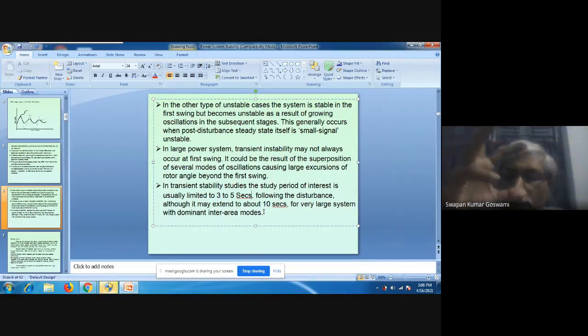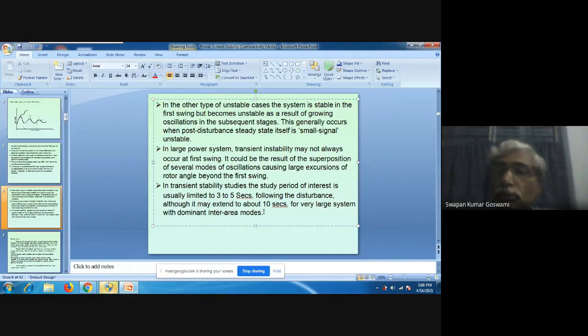So between the generators of different areas, there may again be swing, because the frequency is being controlled by one authority here, and frequency is being controlled by another authority here. Say across a transmission line, across a tie line, these lines are called. Obviously, there may be swing, there may be oscillations.